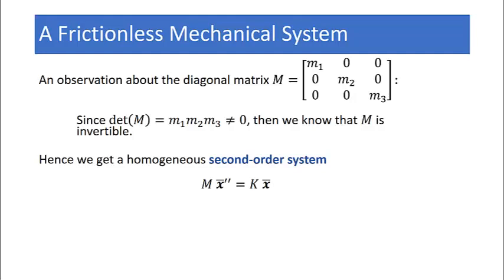And because M is invertible, we can solve for x'' and say that x'' is M inverse times Kx. And then just to simplify notation, we're going to write that as x'' = Ax, where A, of course, is the product M inverse K.